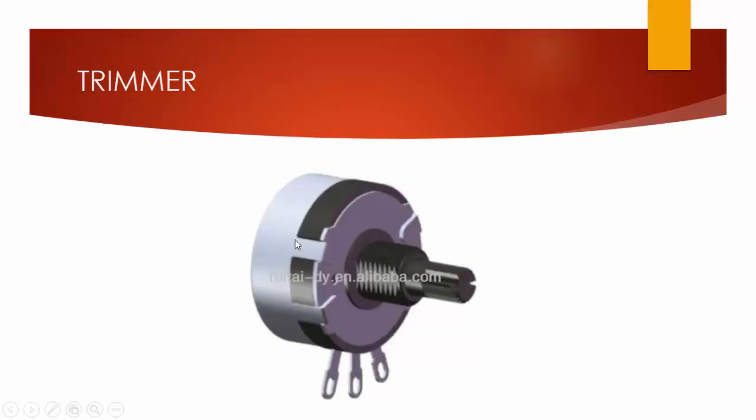As you can see in this structure, a film is fitted inside it, so that whenever the screw is rotated, the resistance varies across its length from maximum to minimum or minimum to maximum, however the particular film is structured.